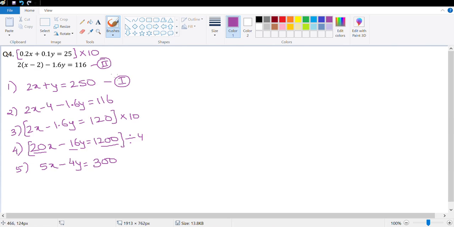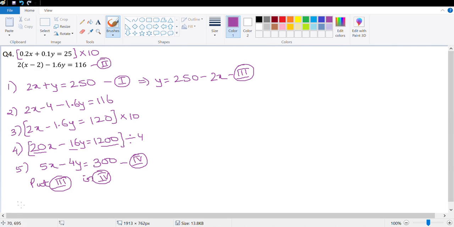So from here, what we'll get is y is equal to 250 minus 2x. Let's call this equation number 3. Let's put equation 3 in equation 4. So put 3 in 4. What we have is 5 times x minus 4 times 250 minus 2x is equal to 300.